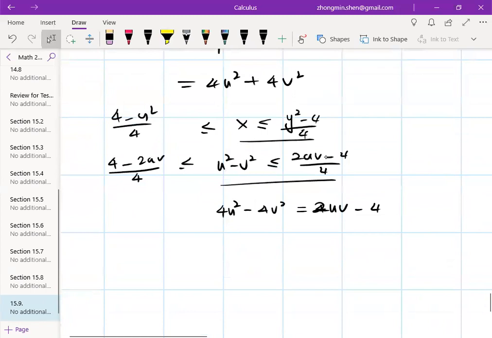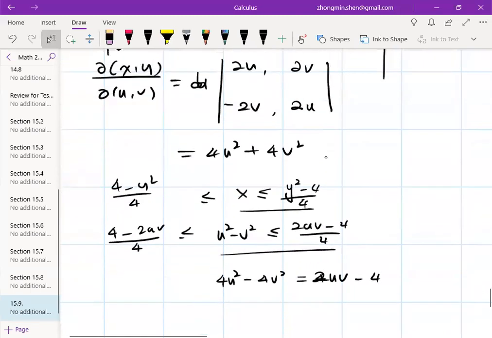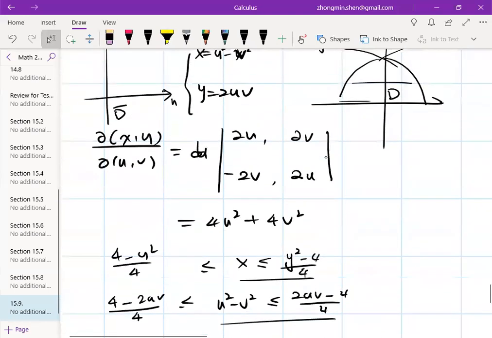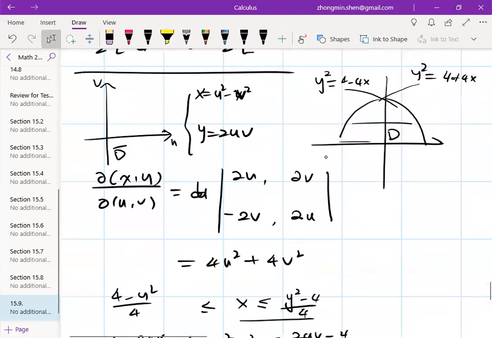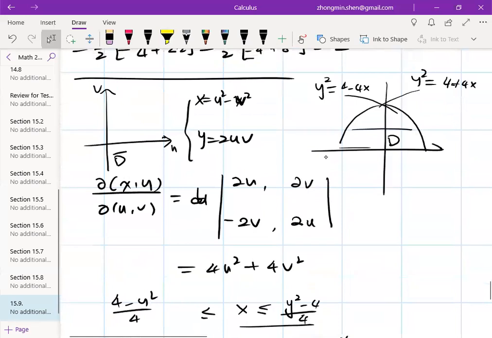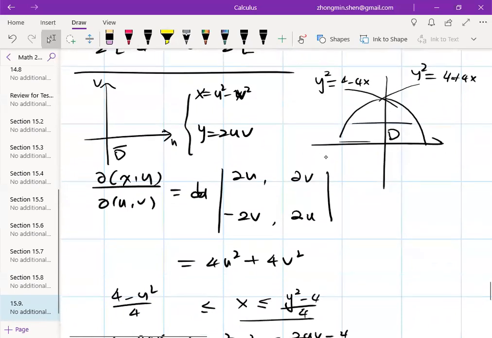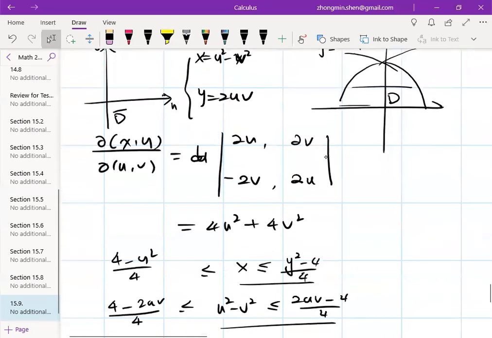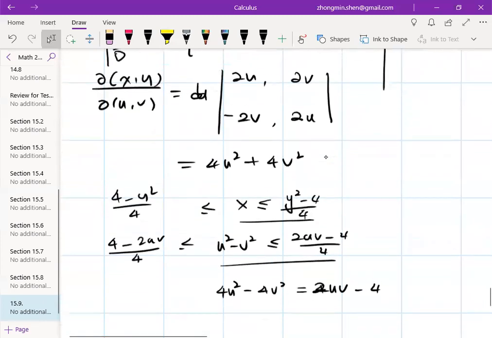I'm trying to figure out the region, the pre-image. This is a y squared.